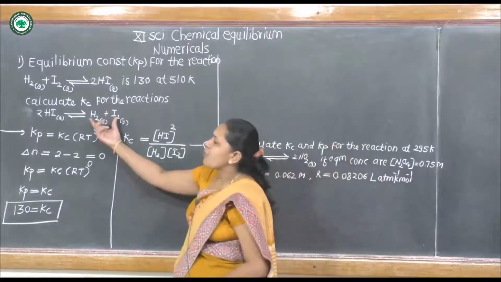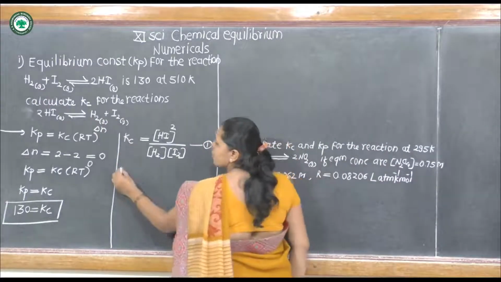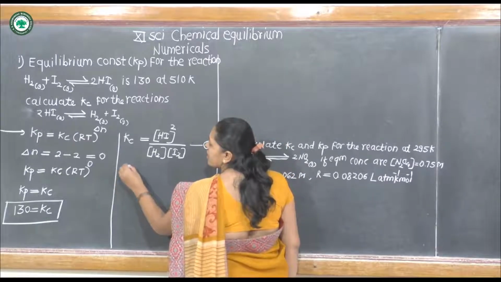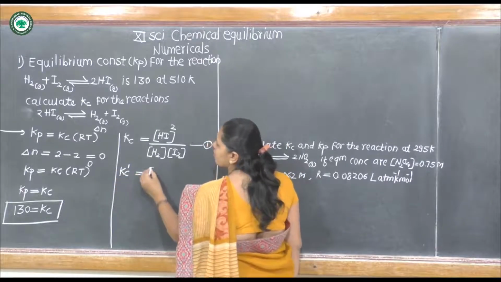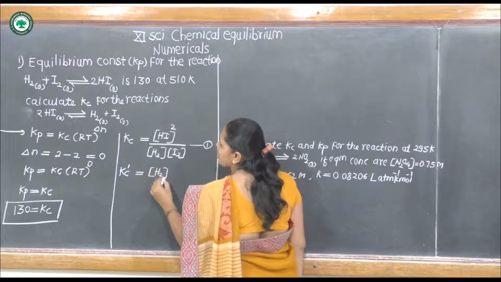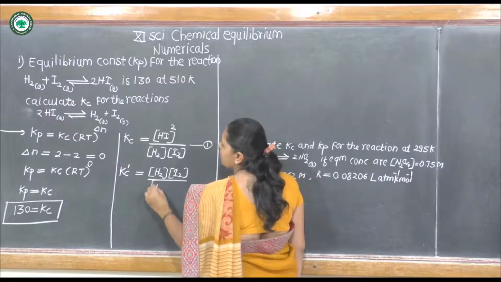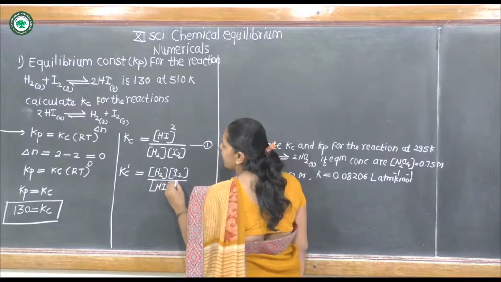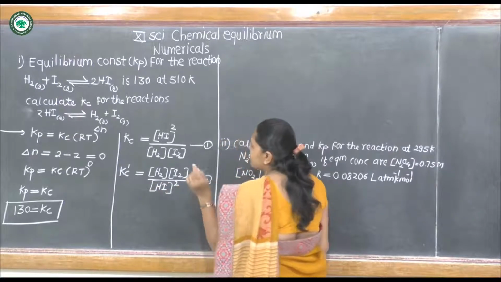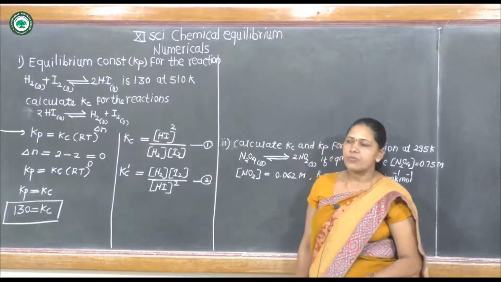Now Kc for the second reaction, say Kc prime, is equal to concentration of H2 into concentration of I2 divided by concentration of hydrogen iodide raised to power 2, say equation number 2.